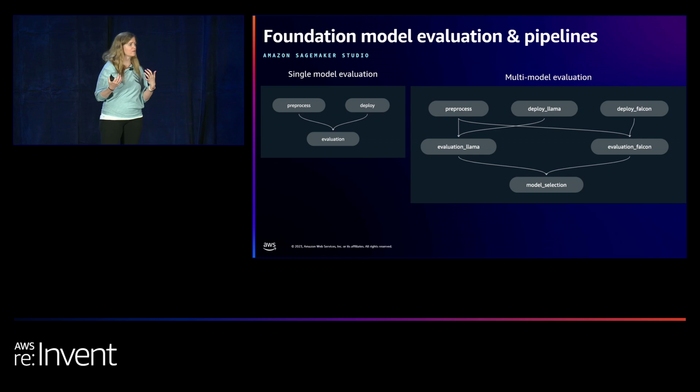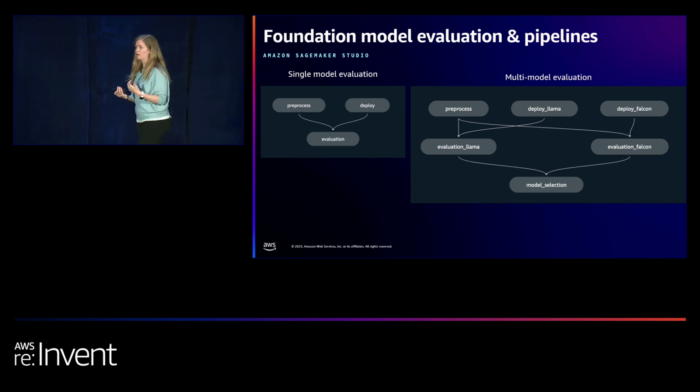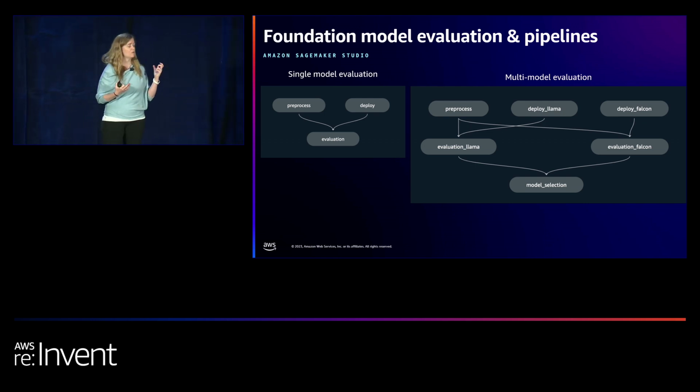So if you're looking for a way to standardize governance and operations for foundation models, we have examples for you to easily validate and confirm performance for both single models and for multiple models.